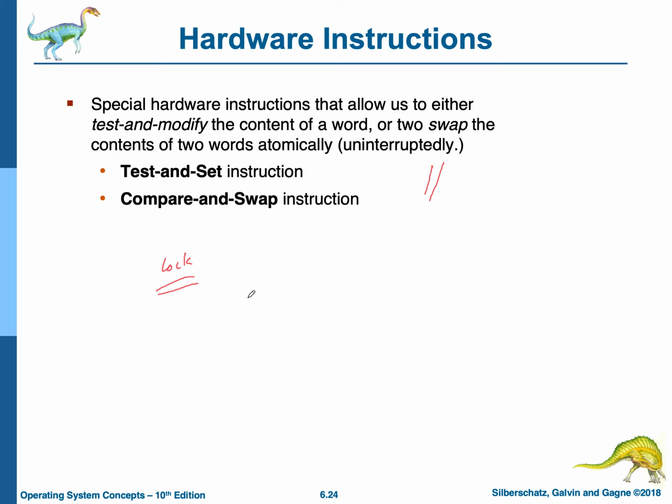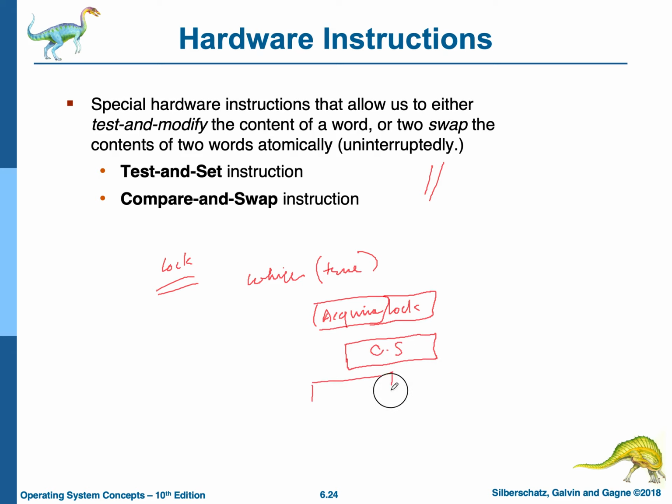We can say that a code might be, let's say, while true, then acquire a lock, okay, and the critical section will be executed here. The critical section goes here.